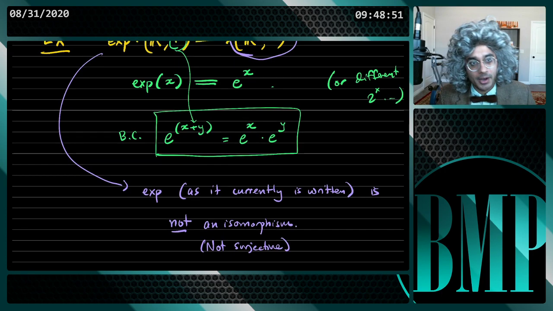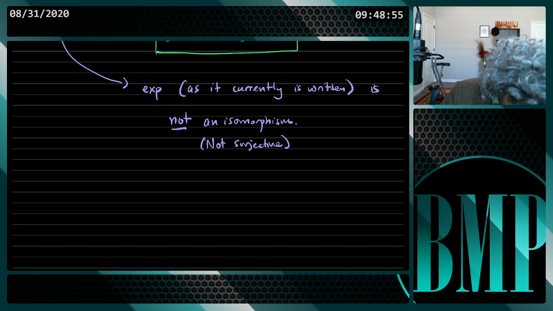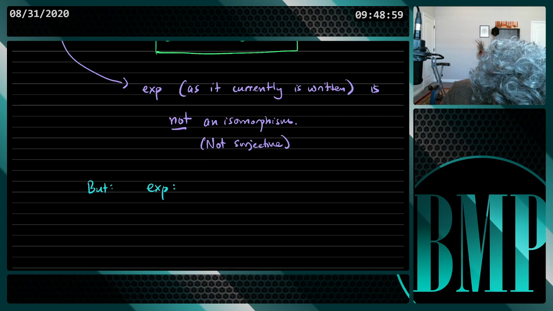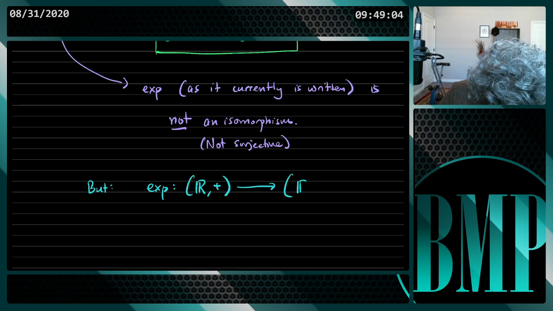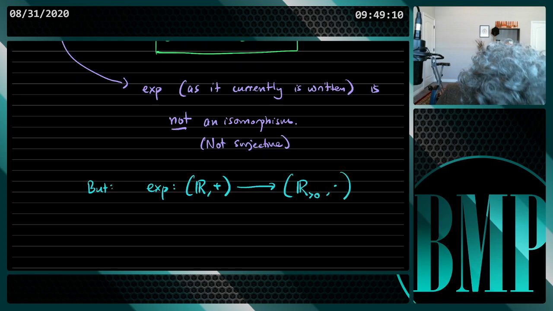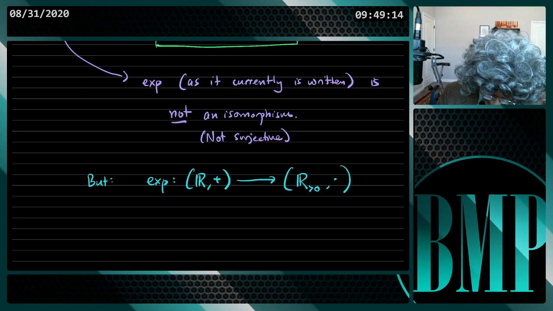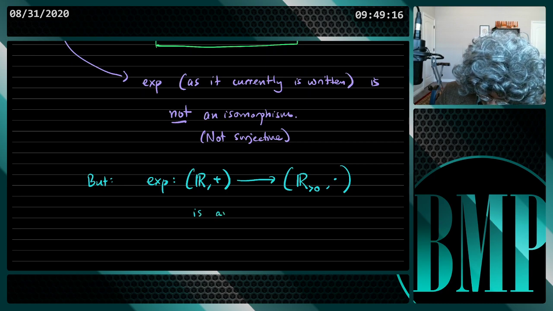So we can tweak it a little bit. With the positive real numbers with multiplication as the group, this same exact formula is an isomorphism.